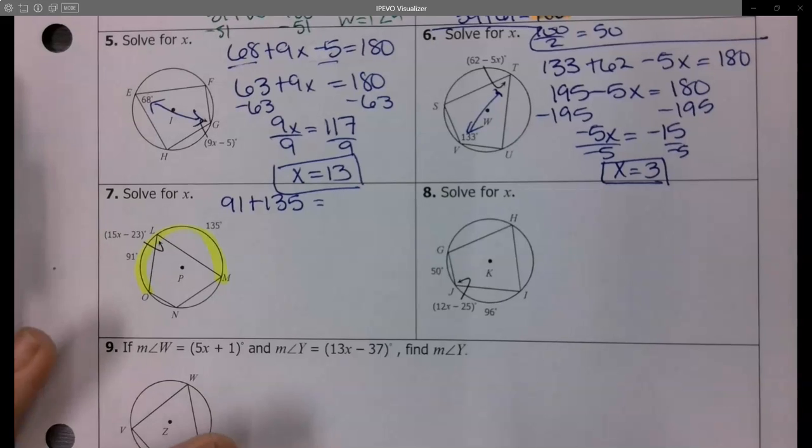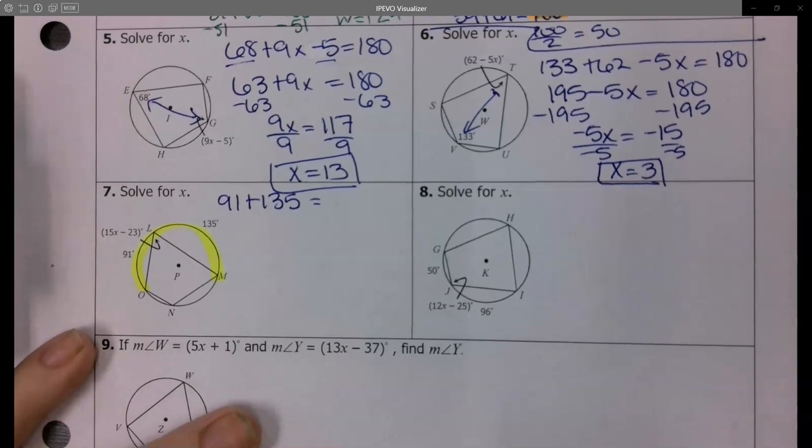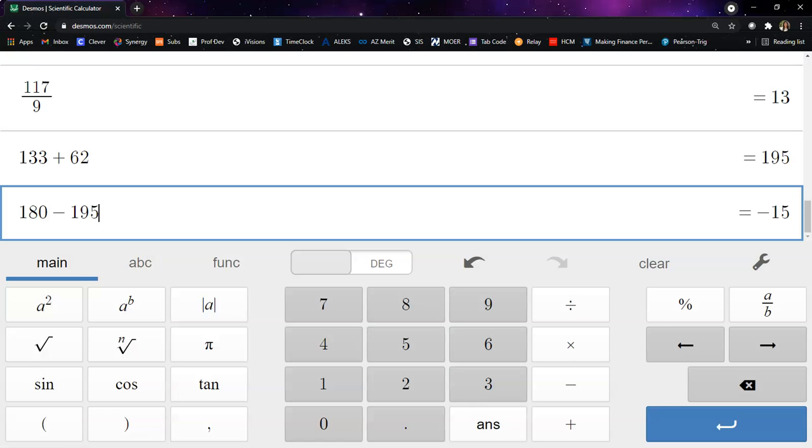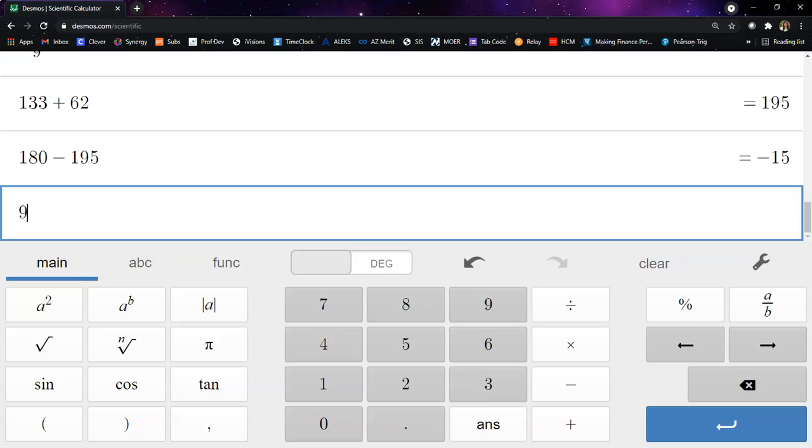Then I want to go ahead and add these. So I have 91 plus, that was not a plus, 135, which gets me 226.